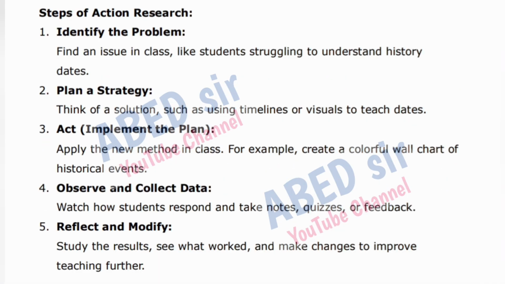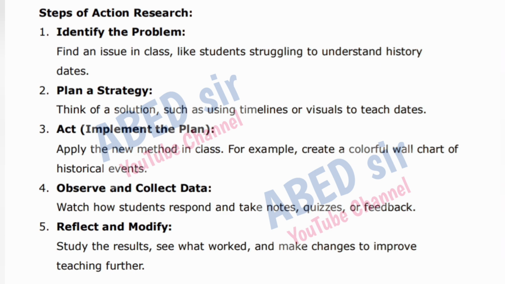Steps of action research. 1. Identify the problem. Find an issue in class, like students struggling to understand history dates. 2. Plan a strategy. Think of a solution, such as using timelines or visuals to teach dates. 3. Act, implement the plan. Apply the new method in class.